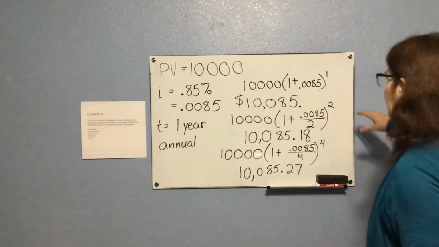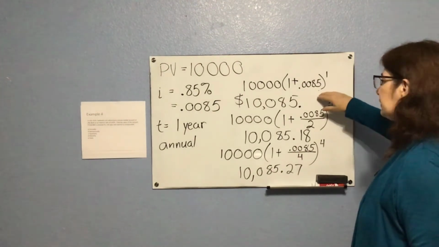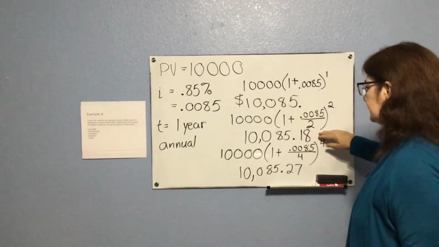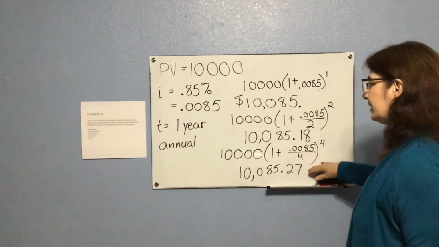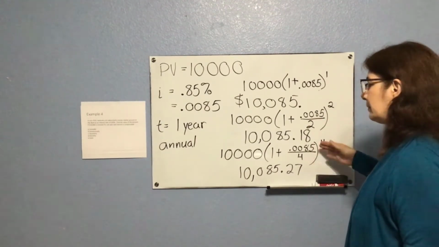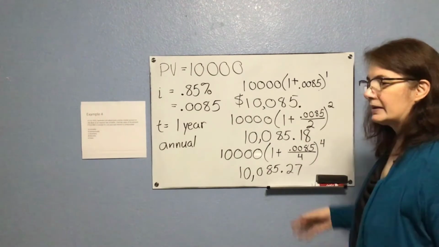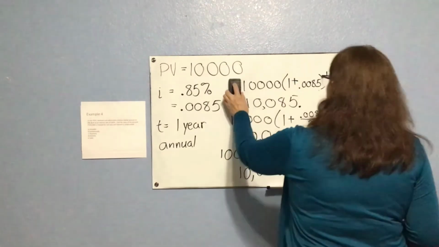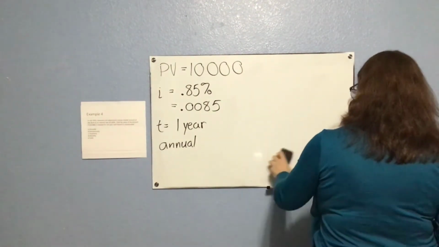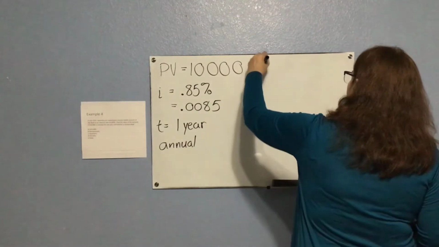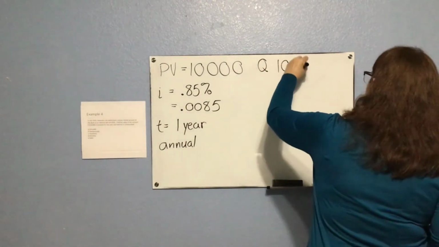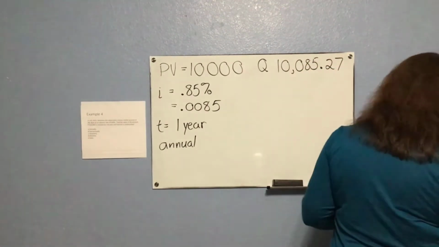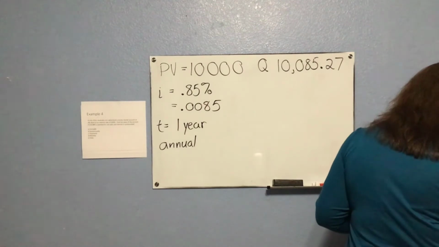So you can see here, for 1 year, the difference between annual and semi-annual is 18 cents. And the difference between semi-annual and quarterly is only another 9 cents. So for most people, this kind of investment, it doesn't really matter how often it's compounded. The change is very small. I'm going to keep that last number up here. Quarterly was $10,085.27.